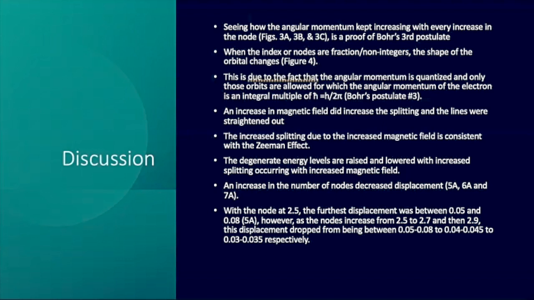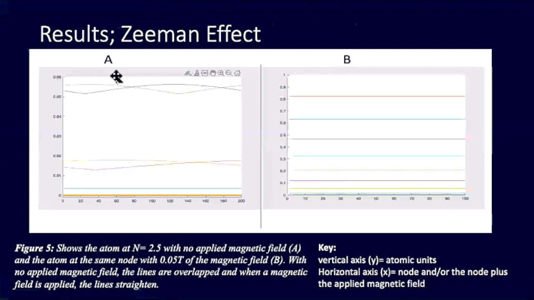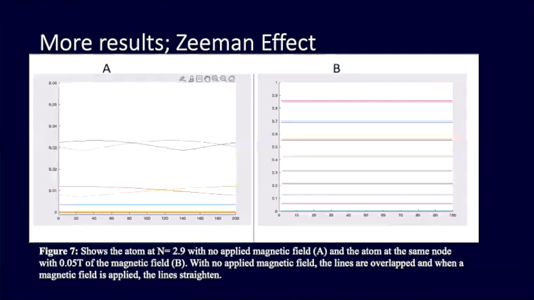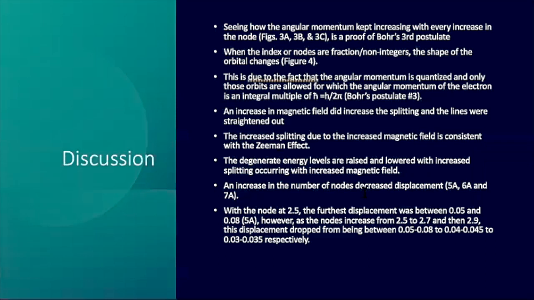The degenerate energy levels are raised and lowered with increased splitting occurring with increased magnetic field. So that is this one. As you can see here, let's take this line, for example. It was here, but with an increase in the number of nodes, it just kept decreasing. The increased splitting due to the increased magnetic field is consistent with the Zeeman effect.